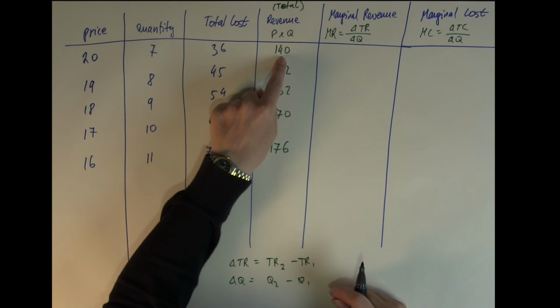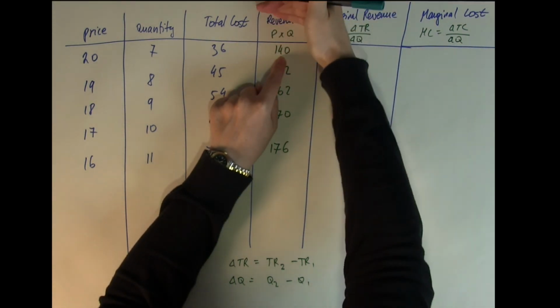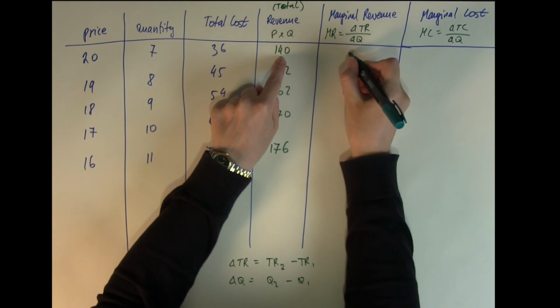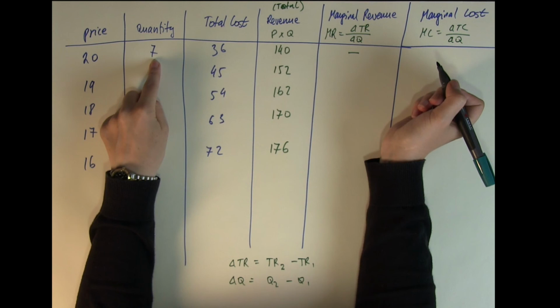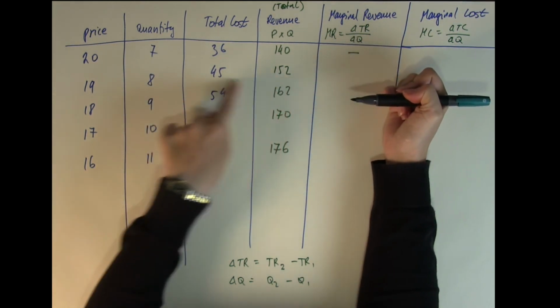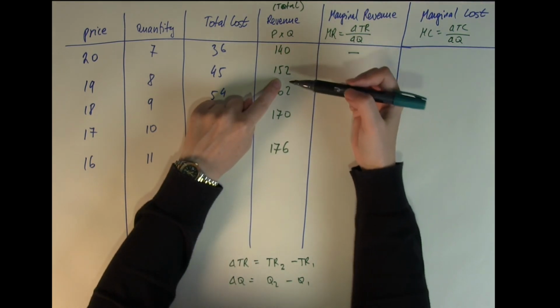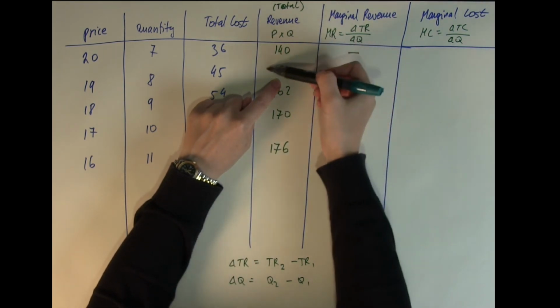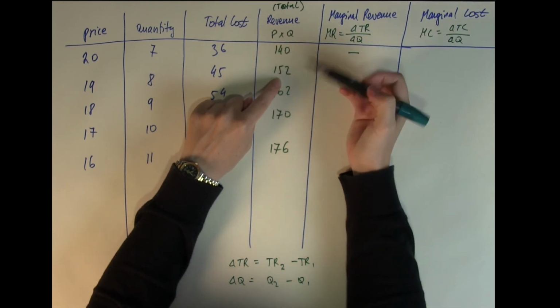For this kind of calculation, I don't know what the total revenue was before. So I will not be able to calculate the marginal revenue for price 20 and quantity 7. But I will be able to calculate it for this combination.